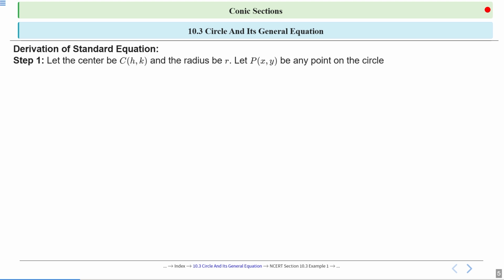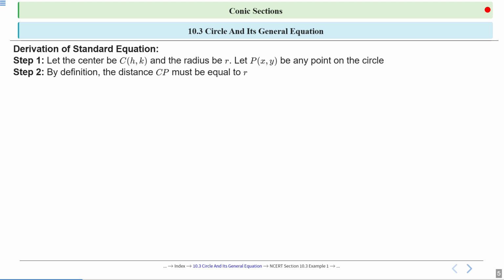In step 1, we let the center be C(h, k) and the radius be small r, and we let the point P(x, y) be any arbitrary point on the circle.